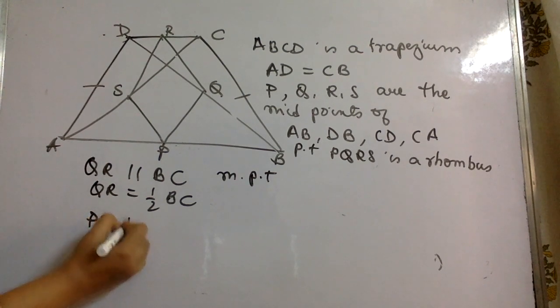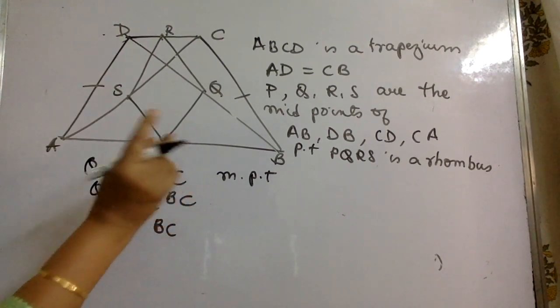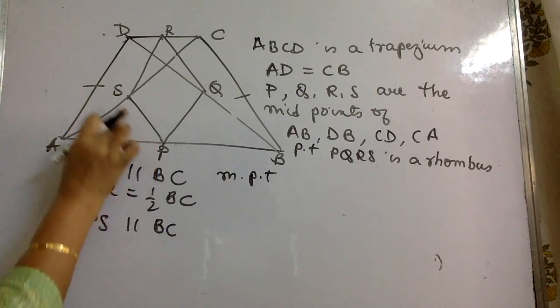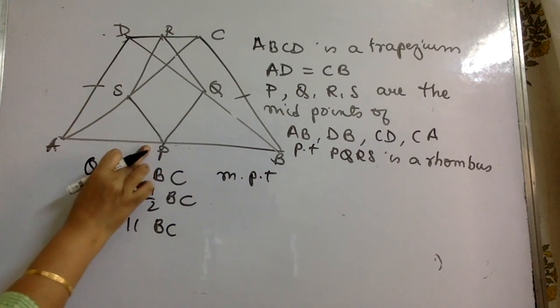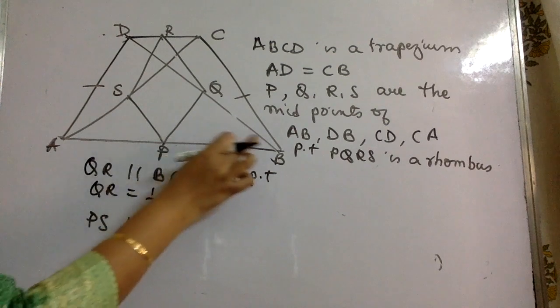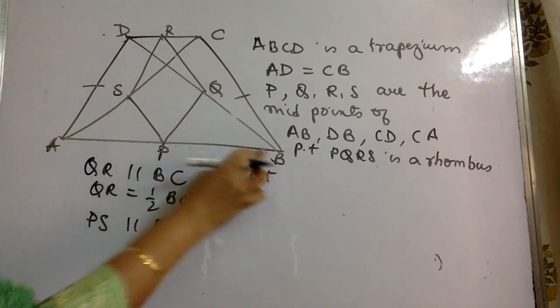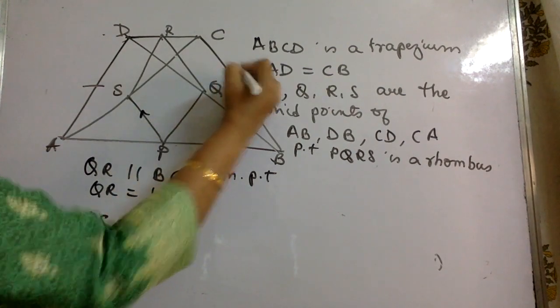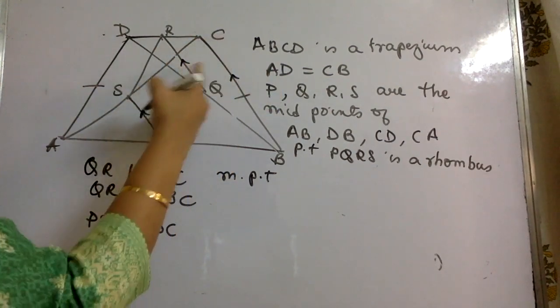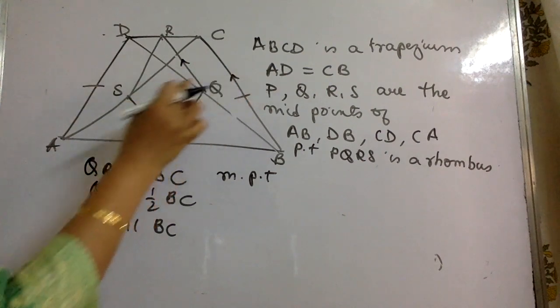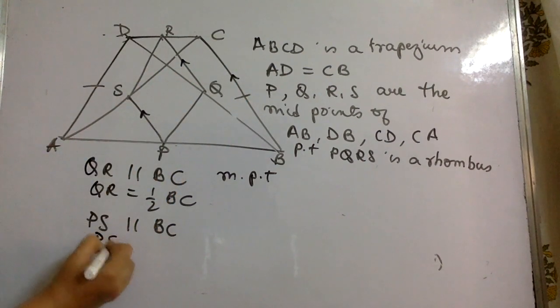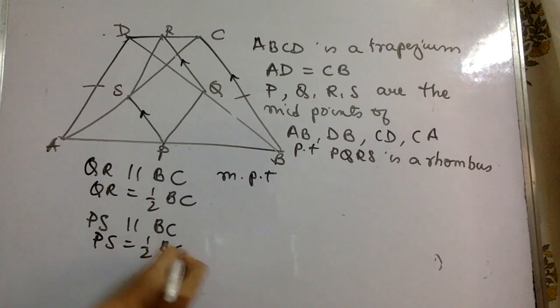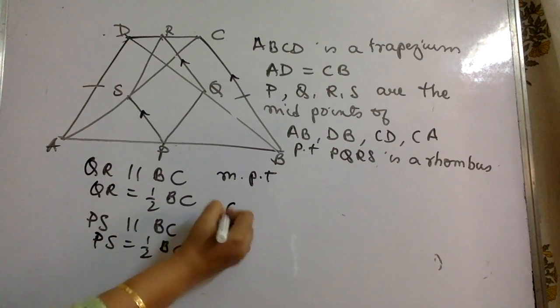Let's talk about the next one. PS is parallel to BC. Where is PS? This PS is parallel to BC. Now BC is this. So which triangle have we considered? BAC. So this line is again parallel to this. Before this it was this line parallel to this. So both the lines are parallel to the same line, and PS is also equal to half of BC. Okay, so if it is so, we can say now that QR is equal to PS, isn't it?